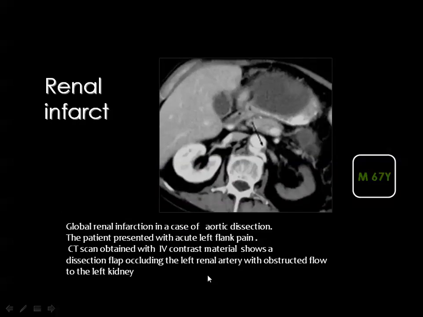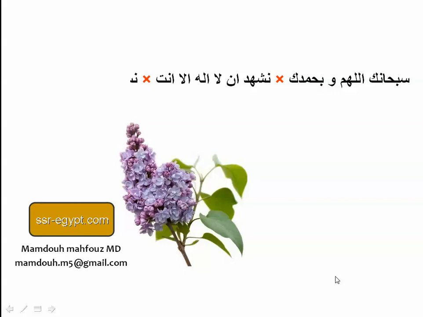And this is the dissection which has involved the left renal artery, resulting in left renal infarction. And you see the intimal flap, and you see that the right kidney is well perfused and the left kidney is not perfused, as the dissection of the aorta has involved the orifice of the left renal artery.